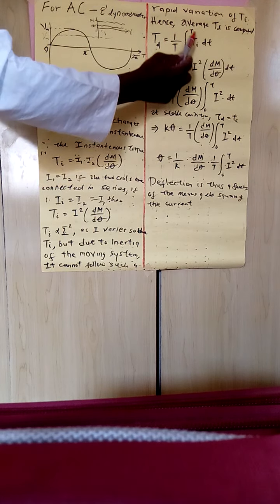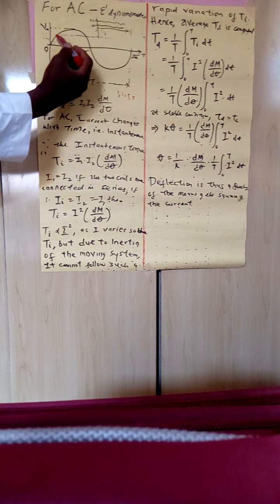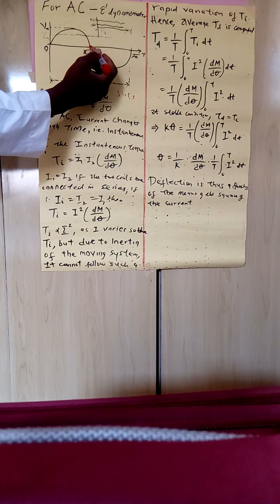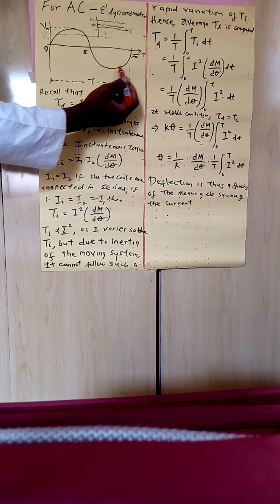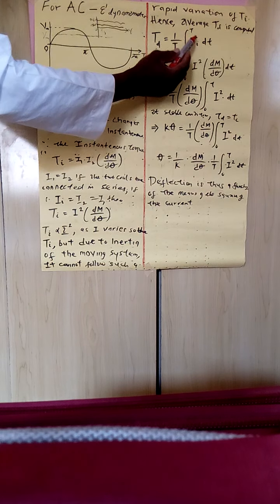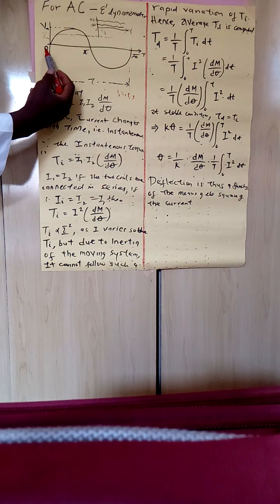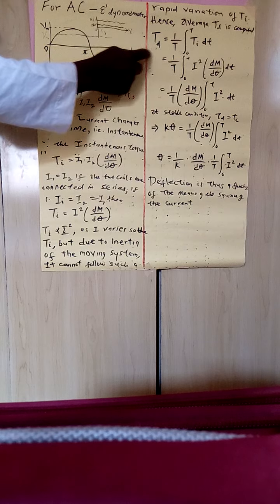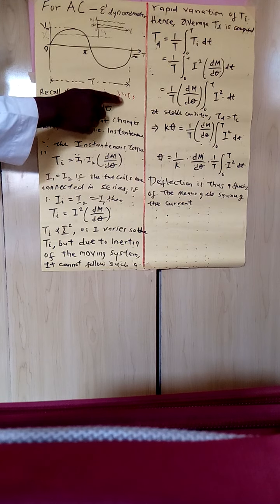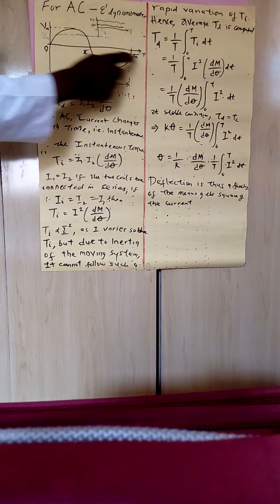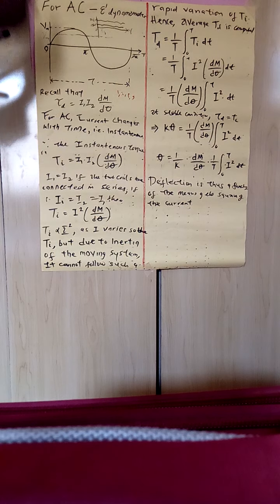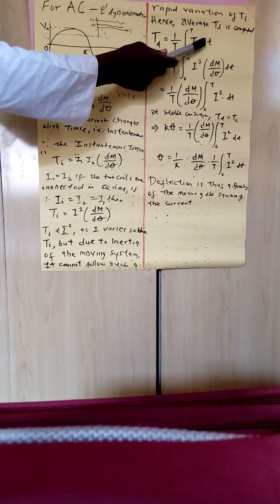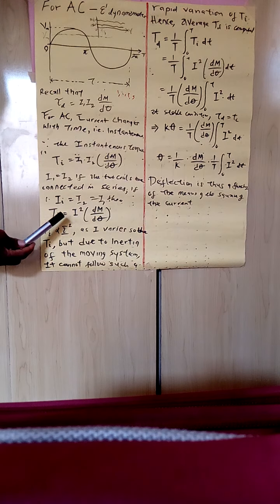Do you understand? Because this changes with time, you get to the peak, it goes down, goes to 0, goes down, and goes like that. So the integral of the instantaneous torque dt means the summation from here to here, just like we have the total number. So that makes 1 divided by T, which is the total cycle. And from there, you can substitute from this very equation.